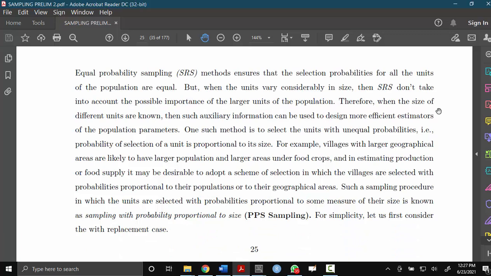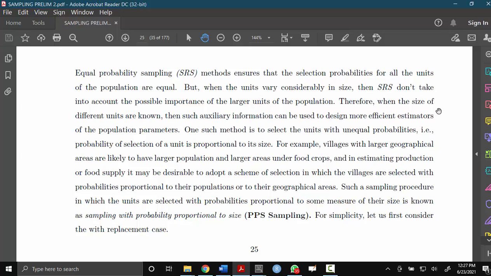That means the units selected at different draws have different probabilities of selection. Now the most fundamental sampling design based upon this unequal probability sampling is the probability proportional to size sampling.